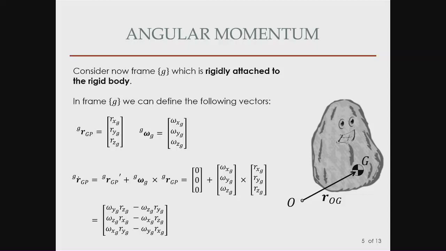What we need to do now is substitute this result into here, and this one also into here. So do the cross product between Rxg, Ryg, Rzg and these 3 components of the linear velocity of P relative to G. We need to bring it back to where we stopped, that's why I wrote it here.